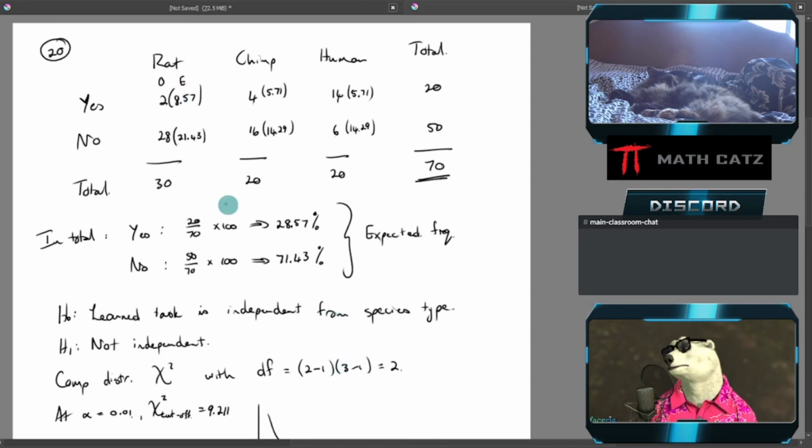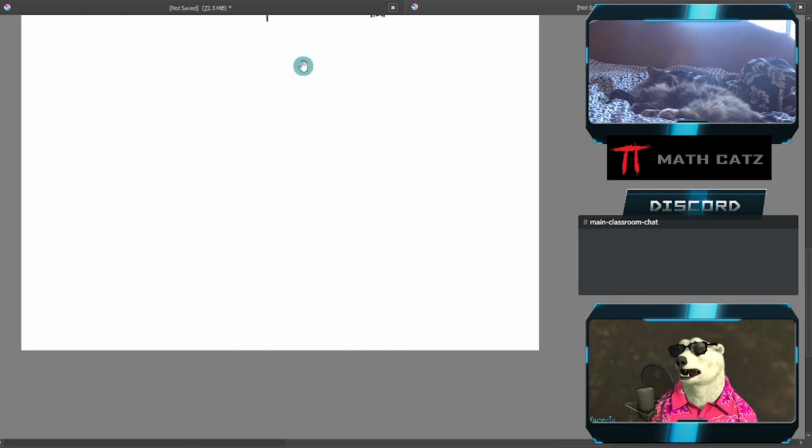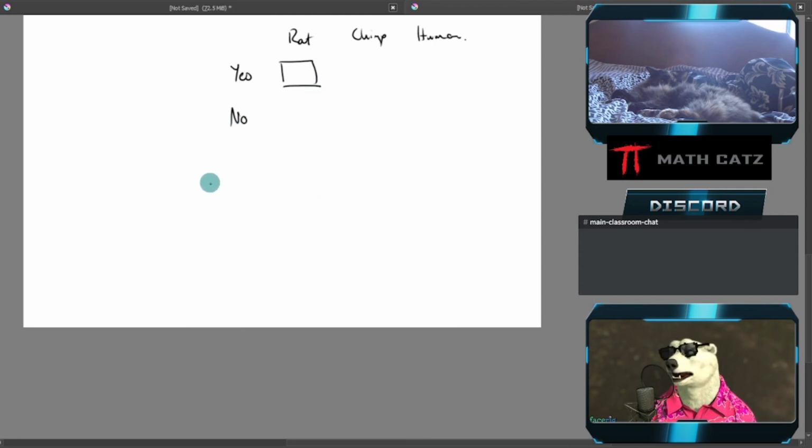So this table is going to get a little crowded. I'm going to make a new table down here, just so it's not too messy. Just copy the row and table headings. Human. Okay, so let's calculate this one. Let's show that one in detail.